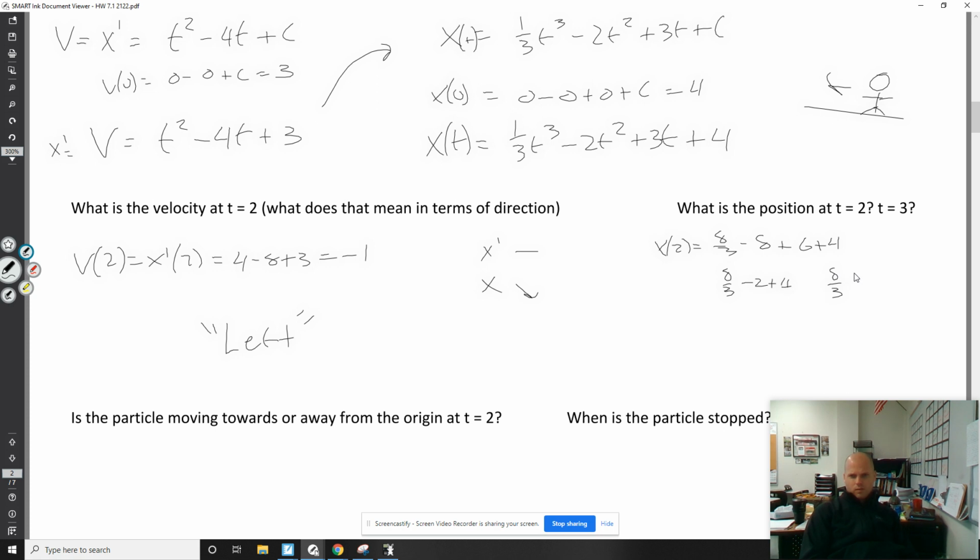Oh my gosh. Plus 2. 6/3. 14/3. Great. 27 divided by 3 is 9 minus 18, negative 9 plus 9, 0 plus 4, 4.